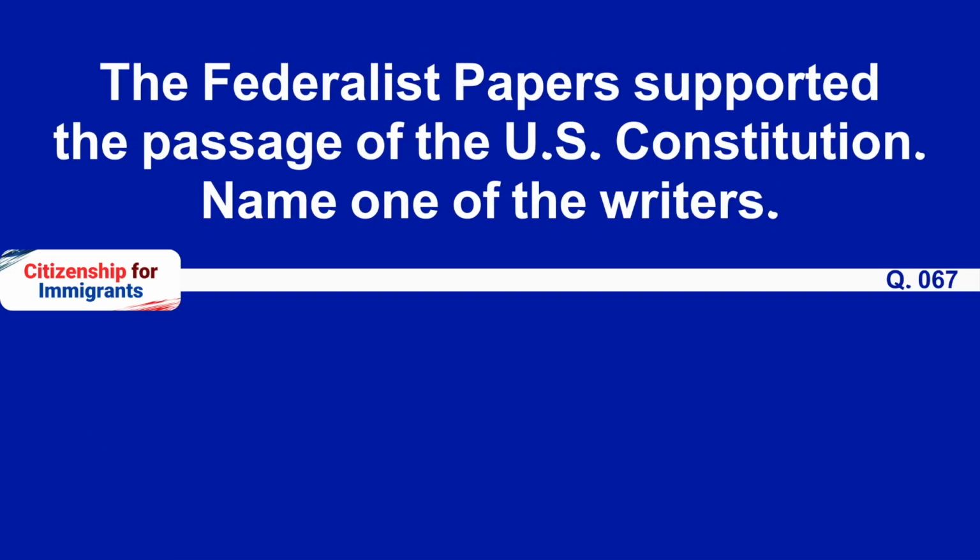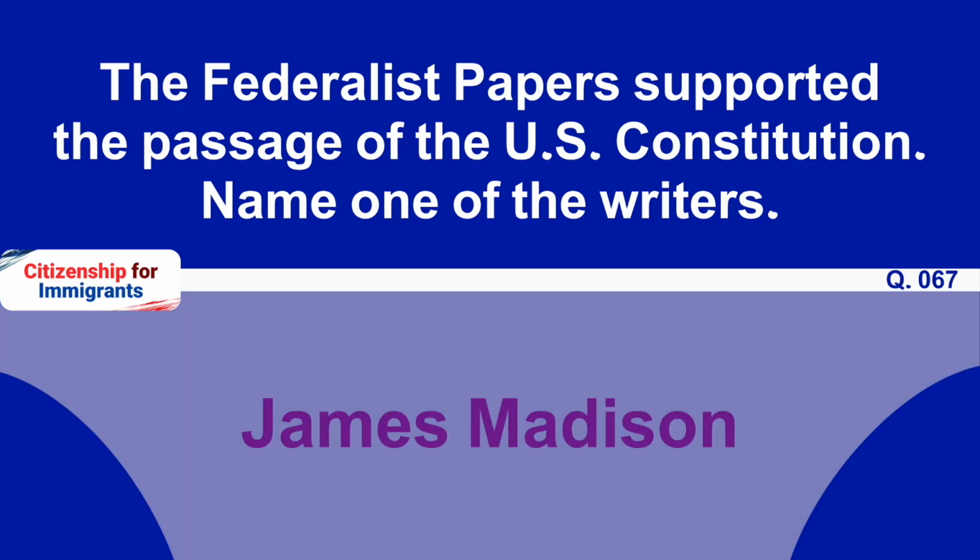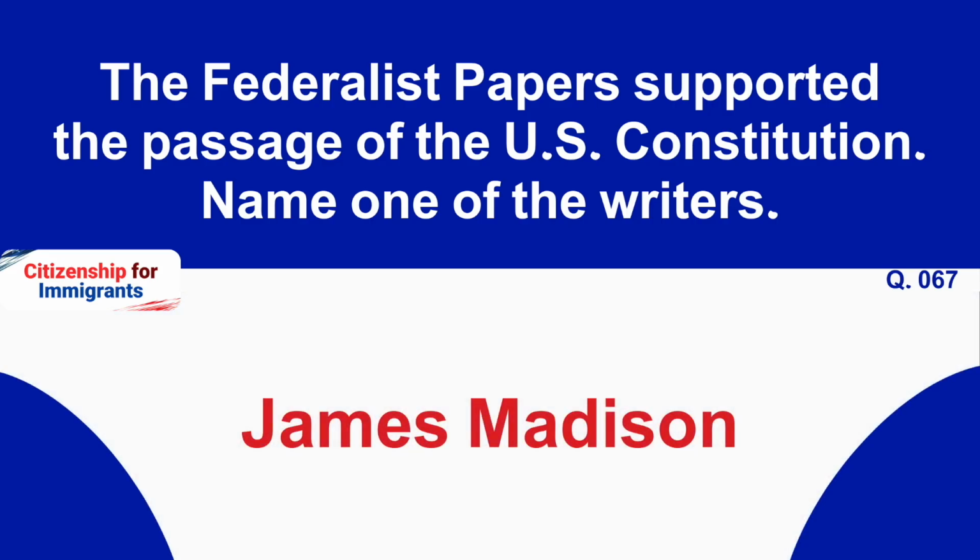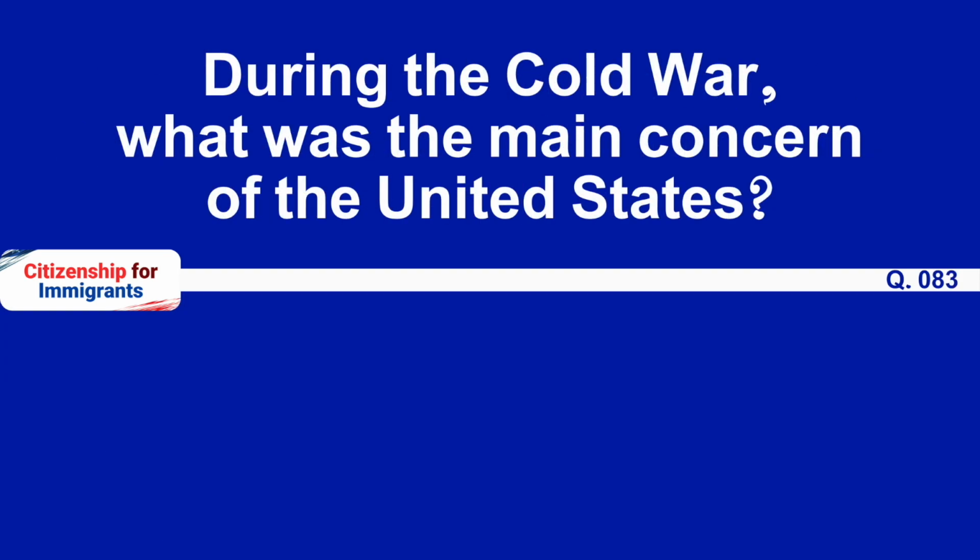The Federalist Papers supported the passage of the U.S. Constitution. Name one of the writers. James Madison. During the Cold War, what was the main concern of the United States?